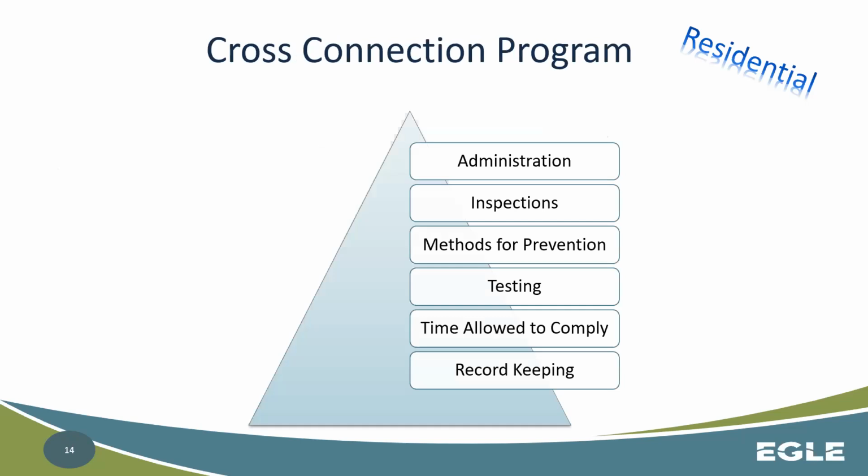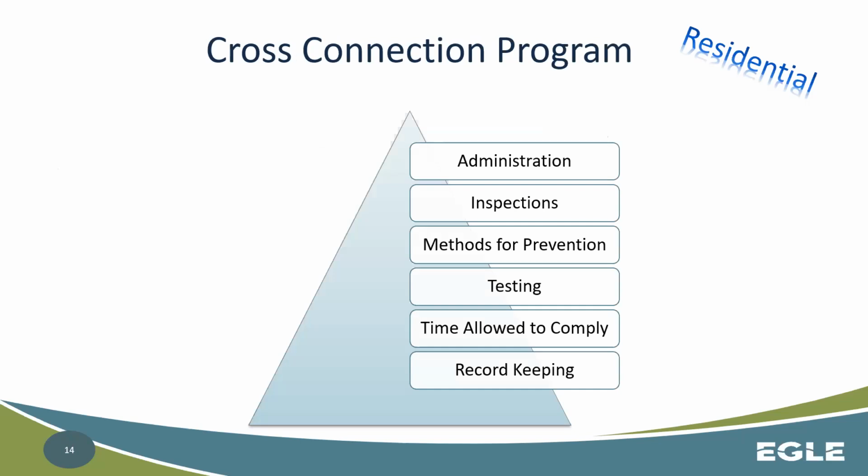The program itself then is going to be the spelling out more of how this is going to be administered. What are the expectations? What are your requirements for inspections? What methods of backflow prevention are you going to accept with your water system?